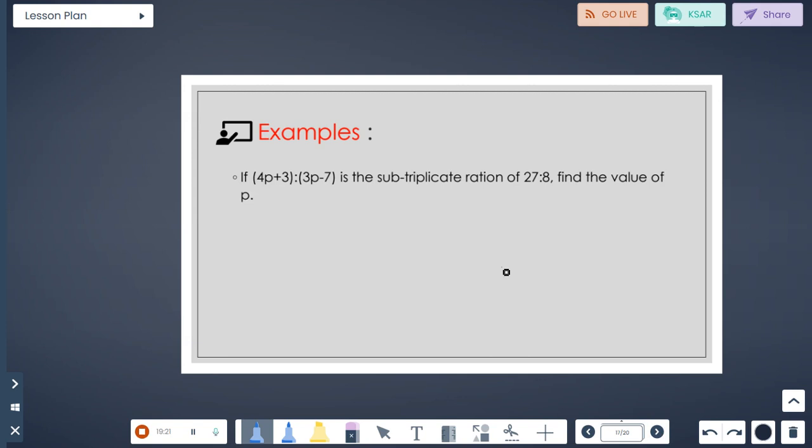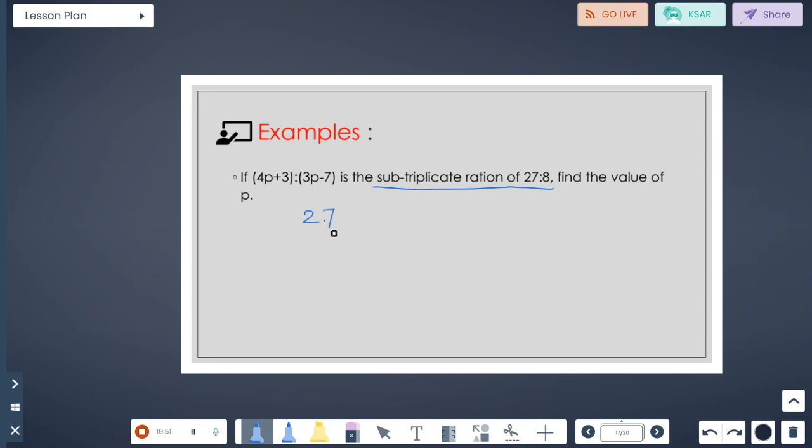If 4p plus 3 is to 3p minus 7 is the subtriplicate ratio of 27 is to 8, find the value of p. We know that subtriplicate ratio means we take the cube root of that ratio.